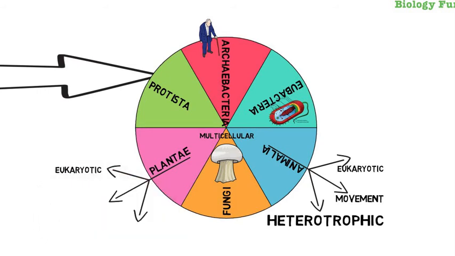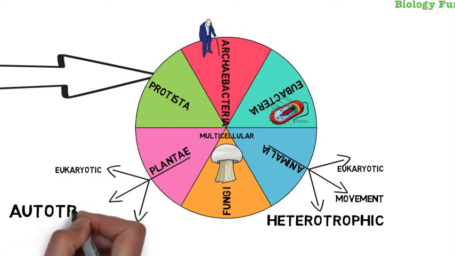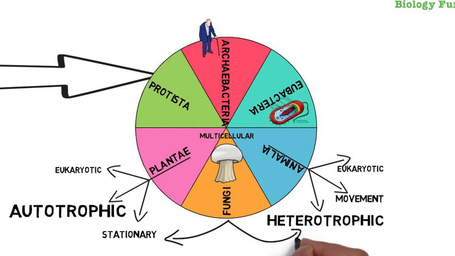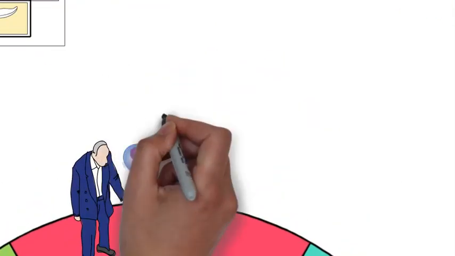Versus plants, they're still eukaryotic, but they are autotrophs. Remember, they have that chloroplast, so they can make their own energy. They're able to take that check and put it in the bank themselves. But they are stationary. They can't move. No dabbing for plants. Fungi are kind of like plants and animals.